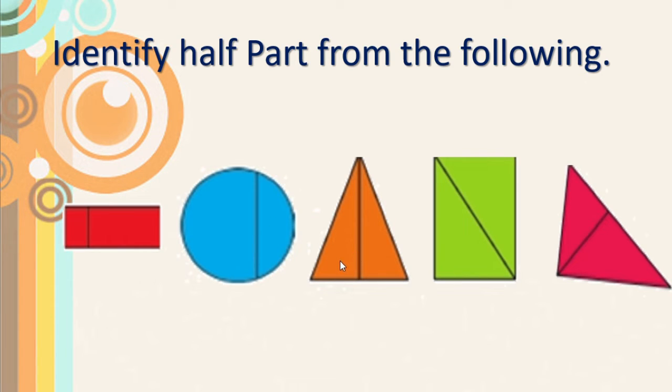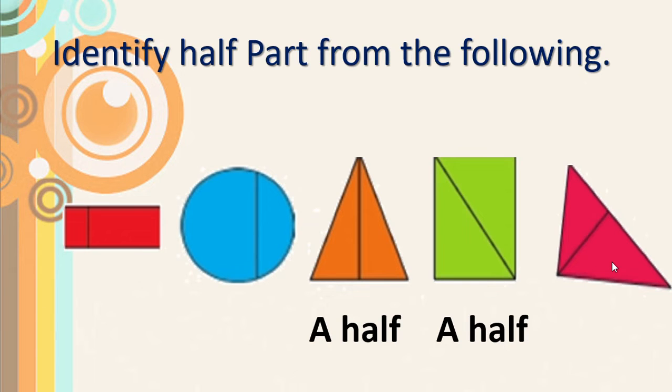In the triangle, we can see the line exactly in between. So we got here two halves, or a half part it shows. Correct? Here also in the rectangle, the rectangle is exactly divided into two parts. So this also shows a half part.